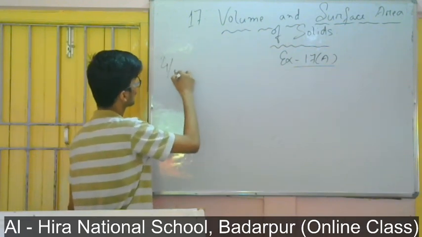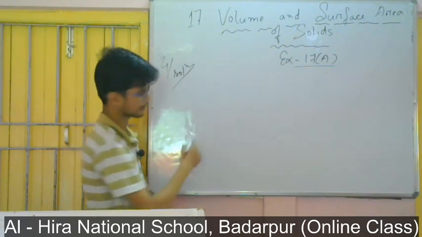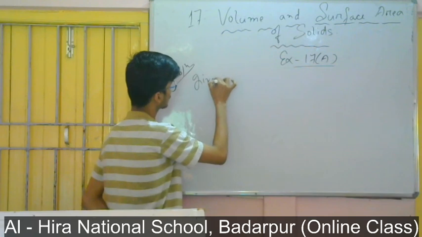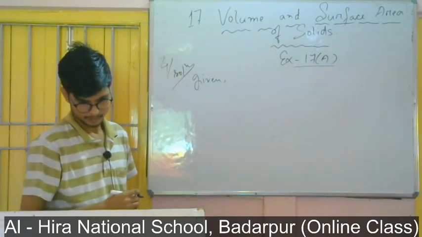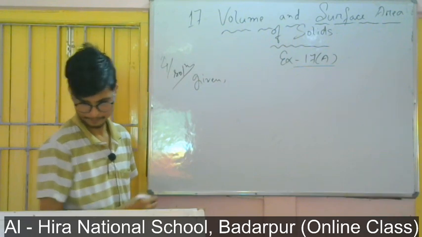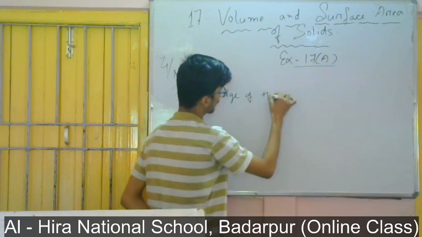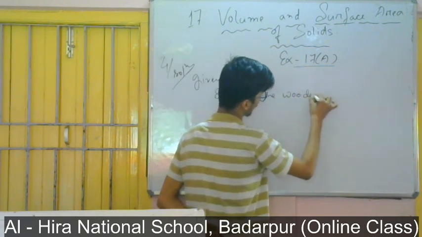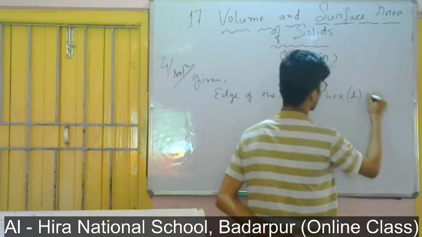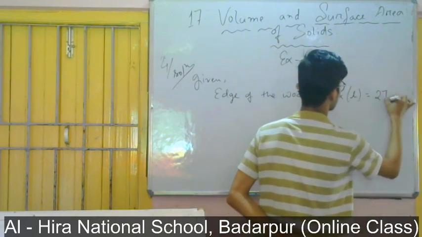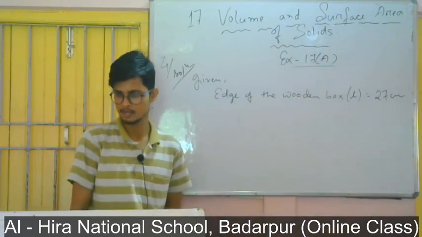Question number 4. The edge of the wooden box is given as 27.